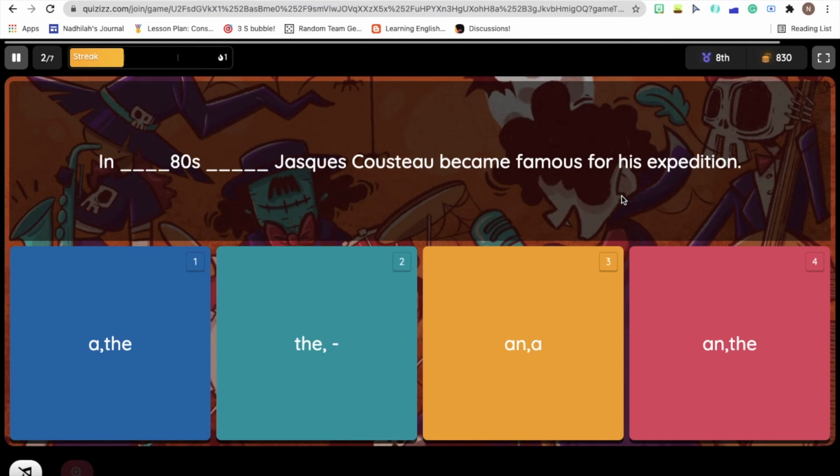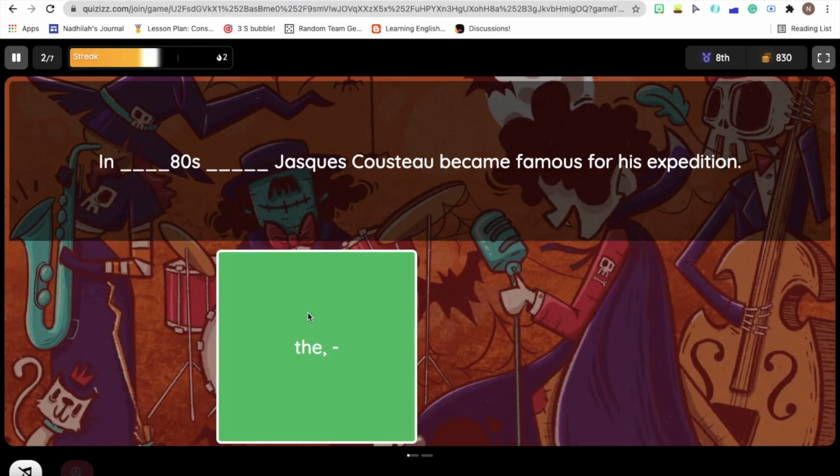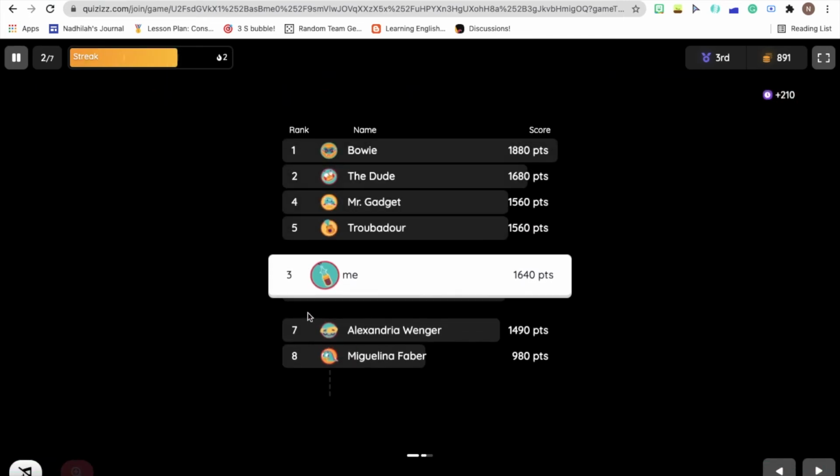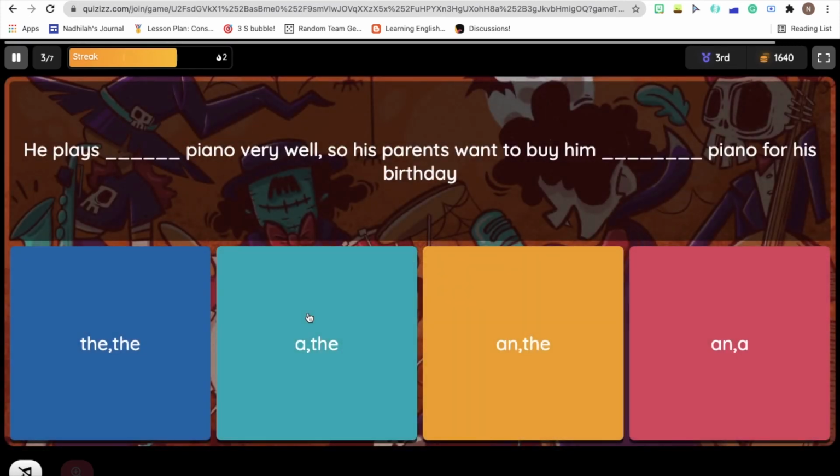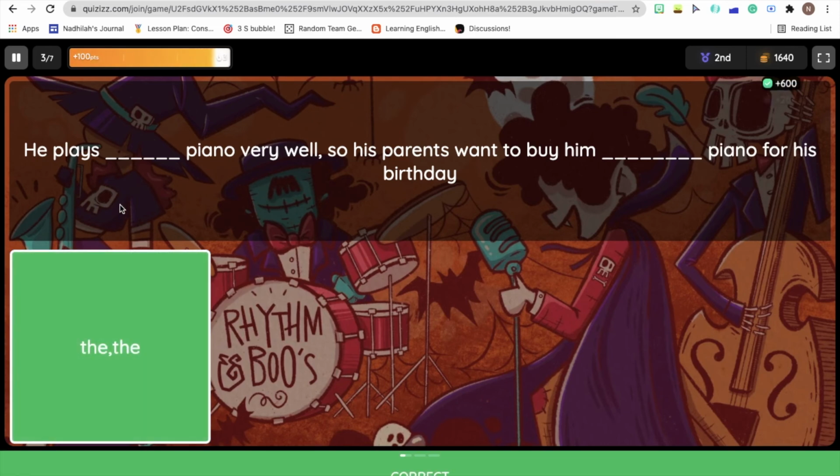In the 80s, Jack Horner became famous because of his expedition. He plays very well, so his parents went to buy him the piano for his birthday. So piano is an instrument, so automatically we use the for any instrument.